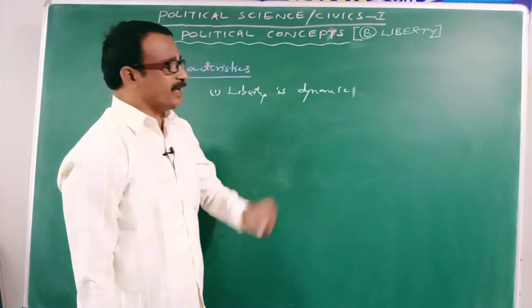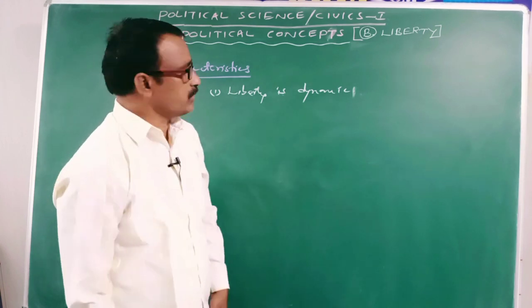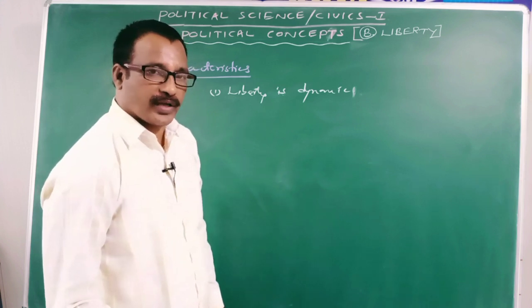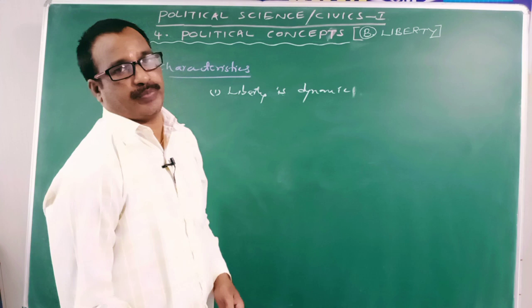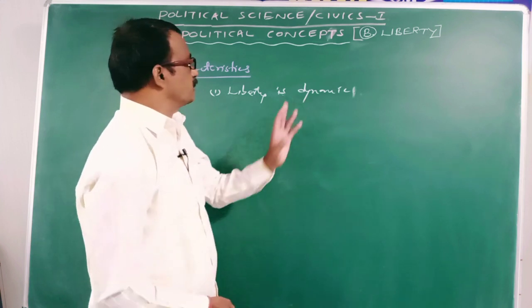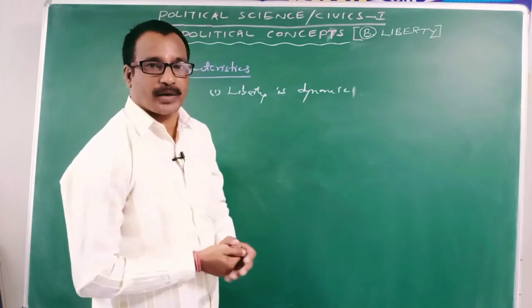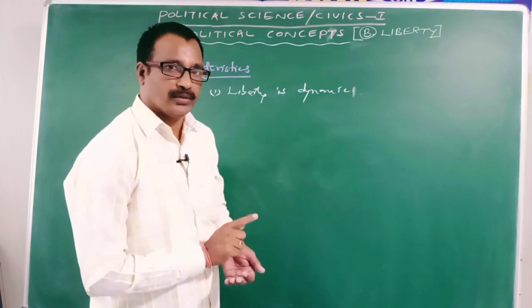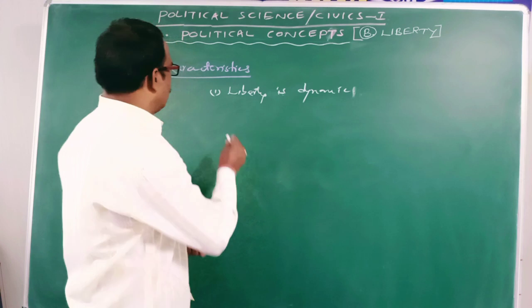Because its interpretation varies according to the time, place and wishes of the people. Clear? Why is it dynamic? Because its interpretation varies according to the place, time and wishes of the people.